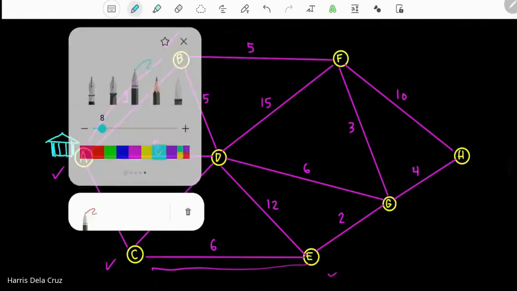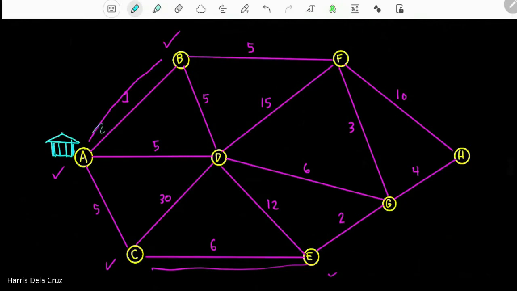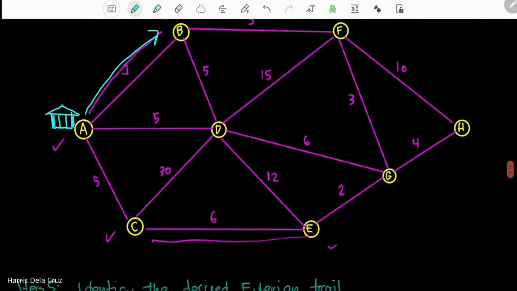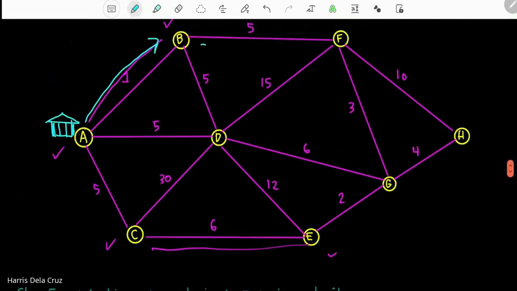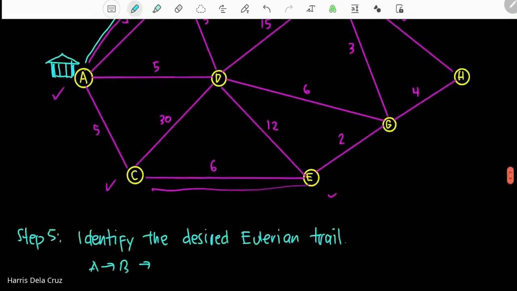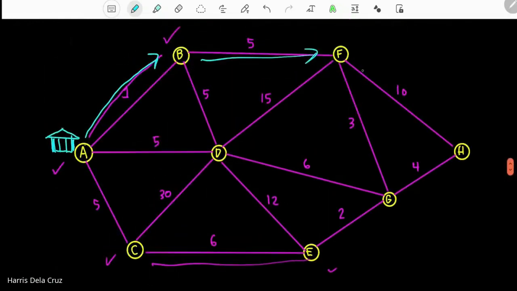So let's start at A. So let's say we go from A to B. So let's take that road. So that's A to B. And then from B, we can now go to F. We can go to H.